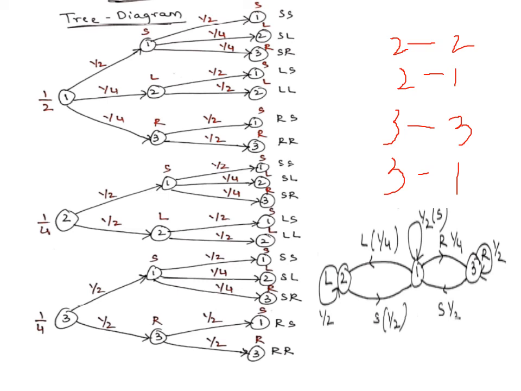So now represent the transition probabilities. So 1 to 1, the probability is 1 by 2. 1 to 2, probability is 1 by 4, and 1 to 3, probability is 1 by 4.